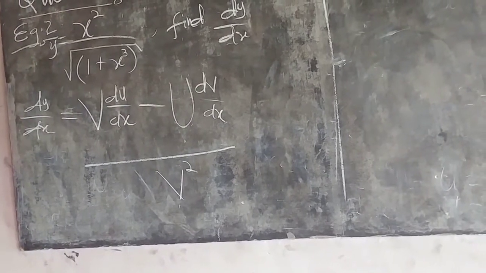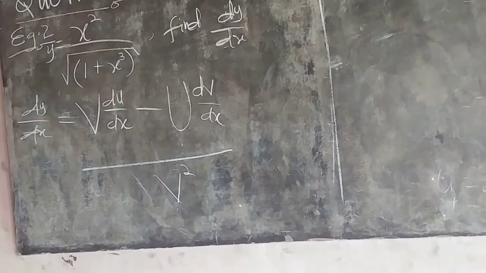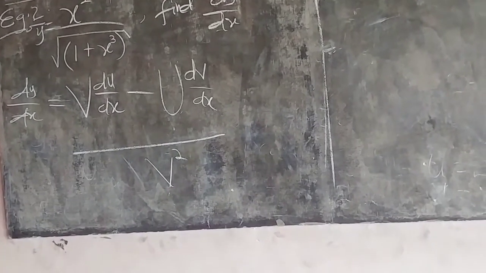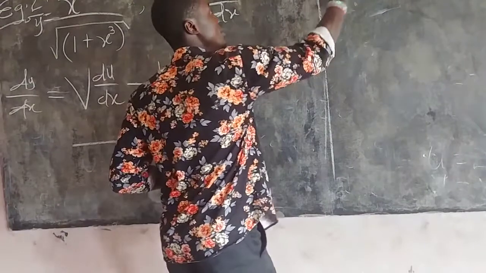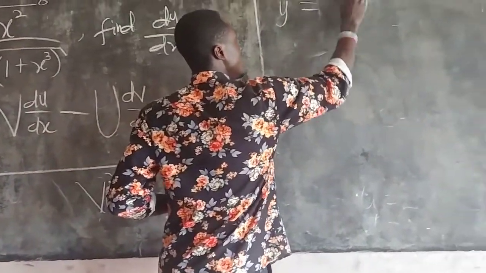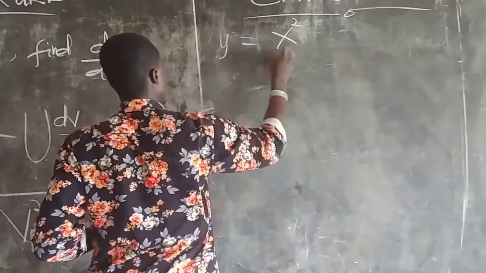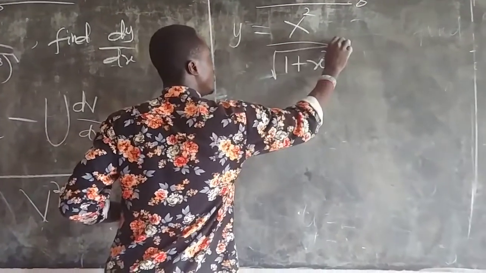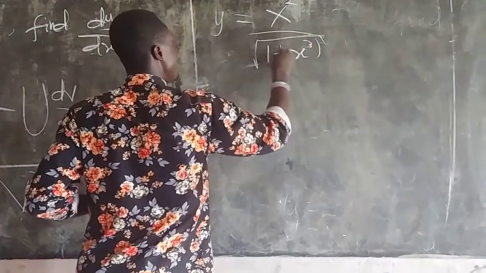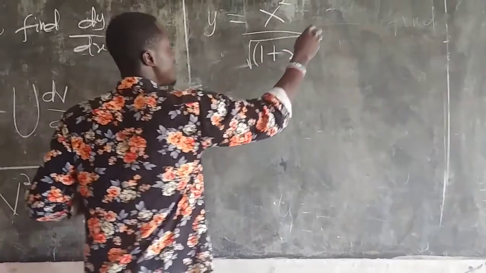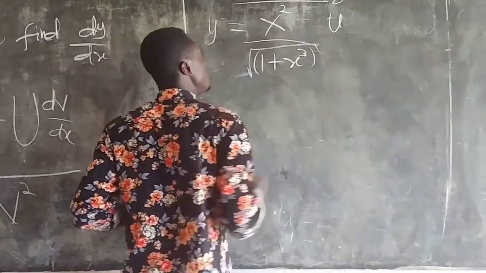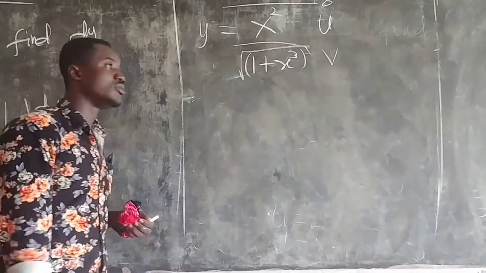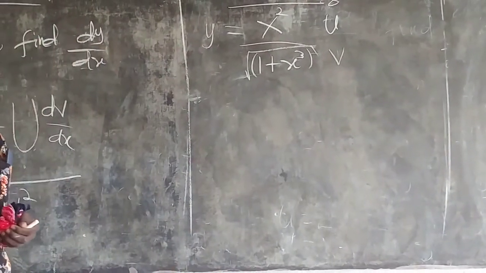So now, looking at our question, y is equal to x squared over the root of 1 plus x cubed. Let u be the numerator and v be the denominator.